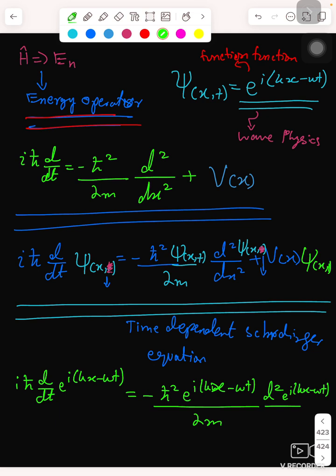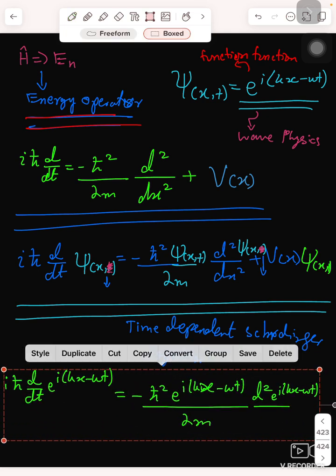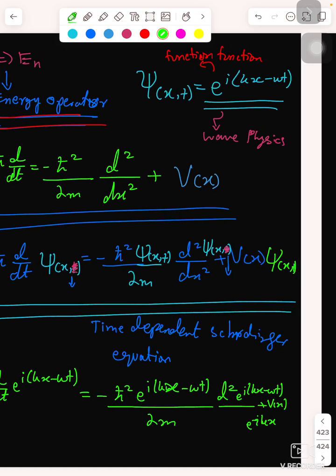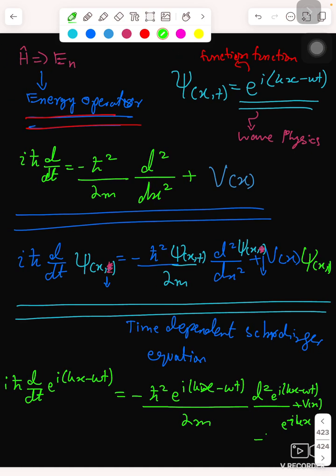For the expanding, it's not finished yet. We have to complete this fully. It becomes plus V(x) e^(i(kx minus wt)). That's the full derivation.